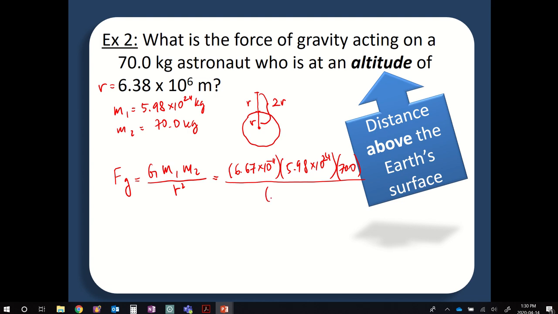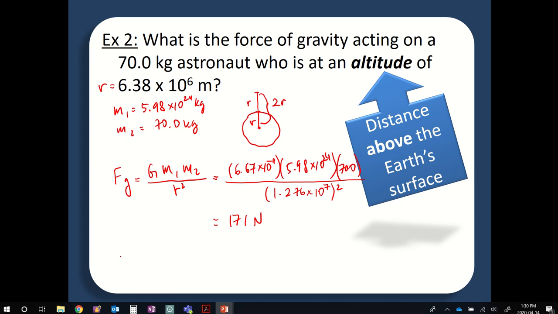So what we're going to do is plug in either 6.38 times 2, or you can just add them together. Doesn't matter how you do it. You're going to end up with 1.276 times 10 to the 7th, squared. Once you do the calculations, you're going to get 171 newtons. So, as expected, the value is smaller.